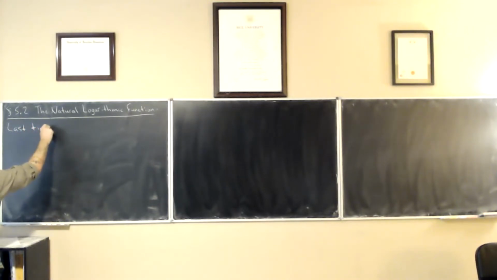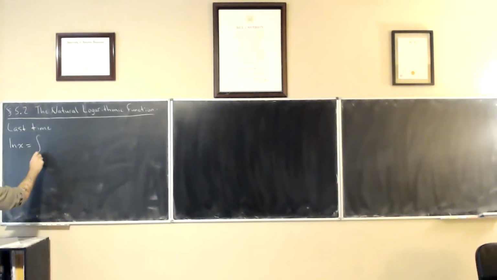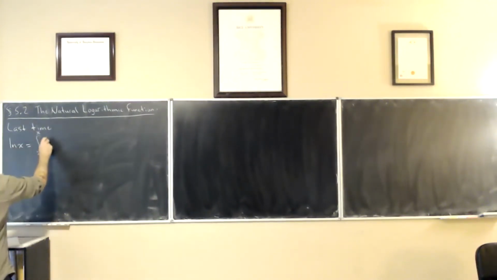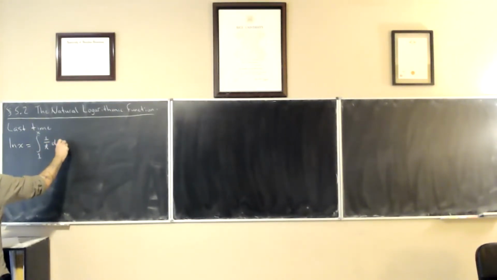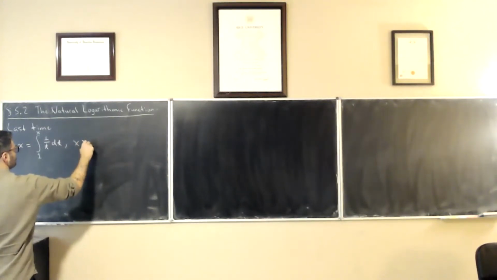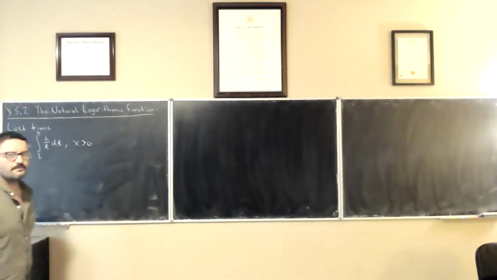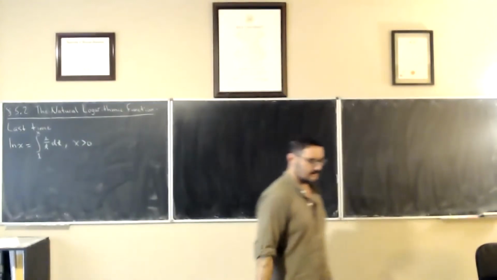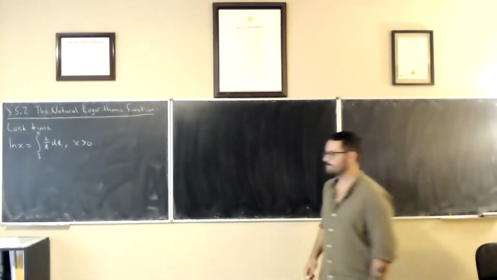Last time, the main definition that we learned was that the natural log of x is equal to the integral from 1 to x of 1 over t dt, where x is greater than 0. This is the main definition that we introduced last time.